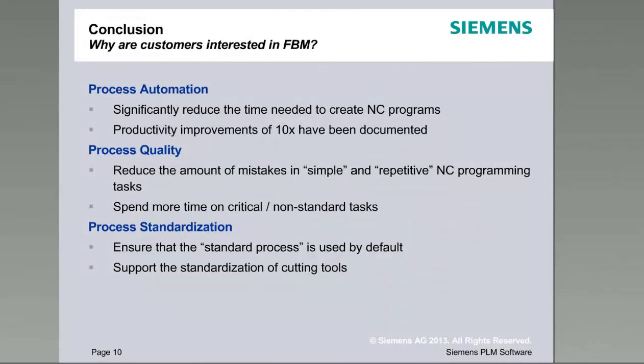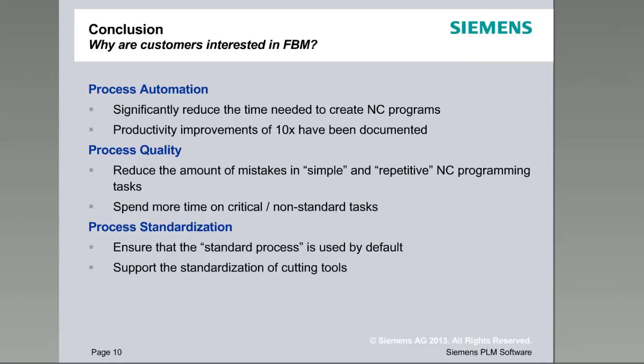So to wrap it up, why are people using this? Why are they interested in feature-based machining? Because as I'm hoping you've seen from this demo, it can significantly reduce the time that people need to do NC programming. We don't expect people to do 100% automation.